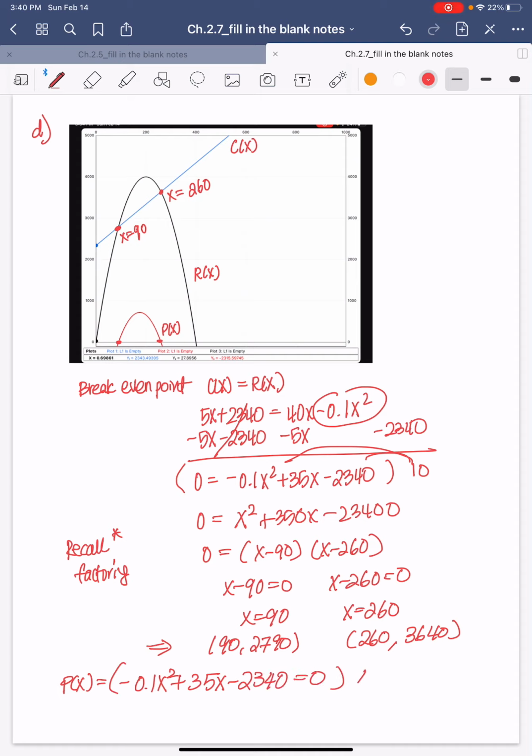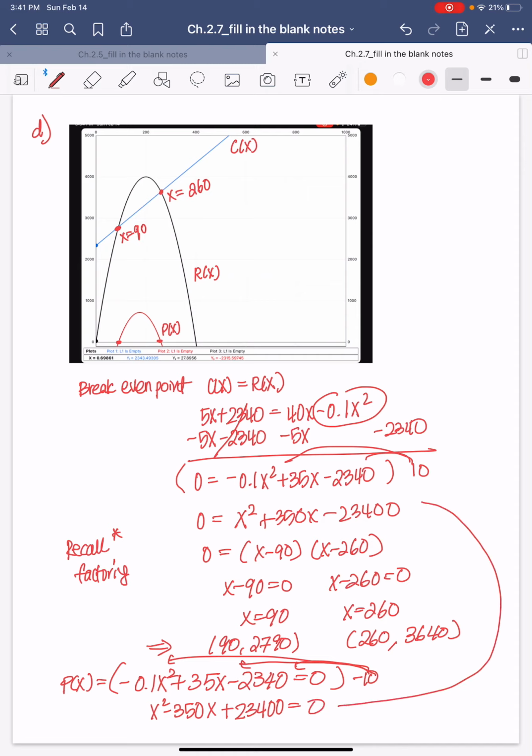Similarly, I'm going to multiply by negative 10 to make it positive, so negative 0.1 times negative 10. I'm gonna have x squared minus 350x plus 23400 equals 0. And then you see that it's almost exactly like this one, right?